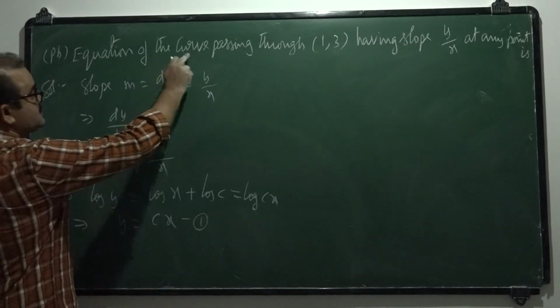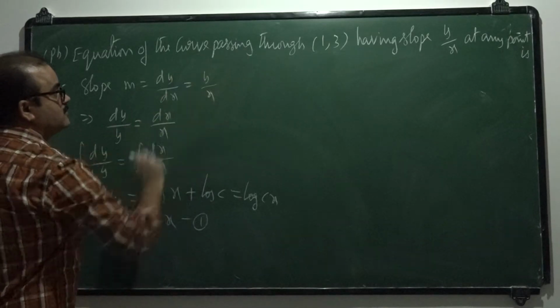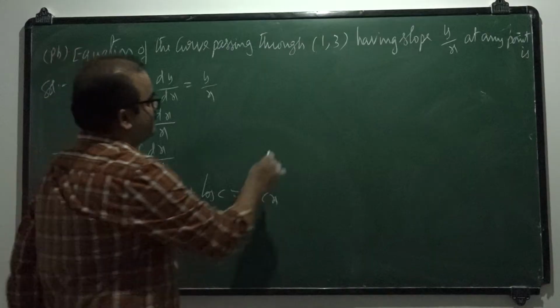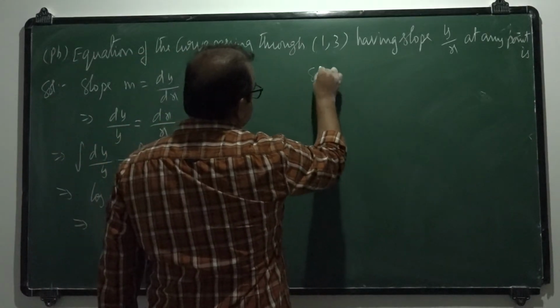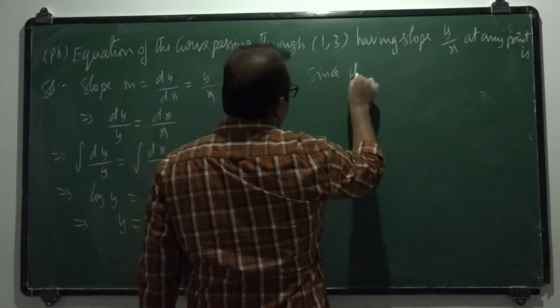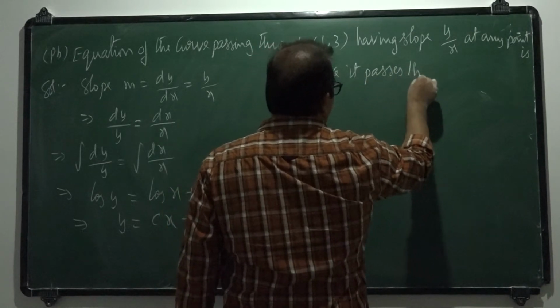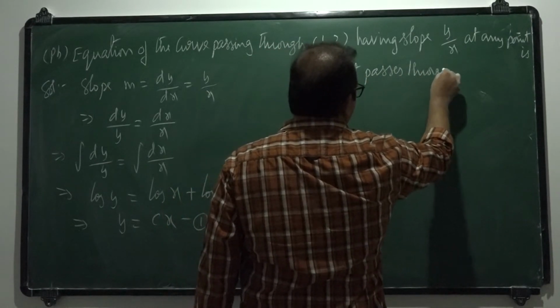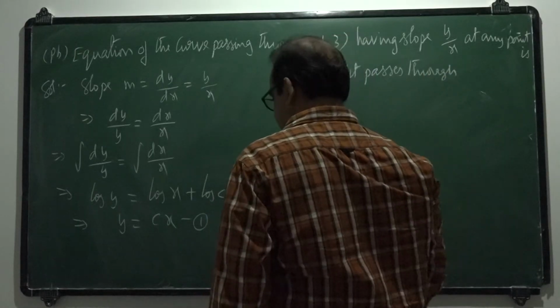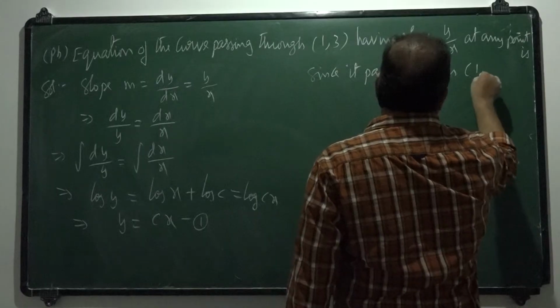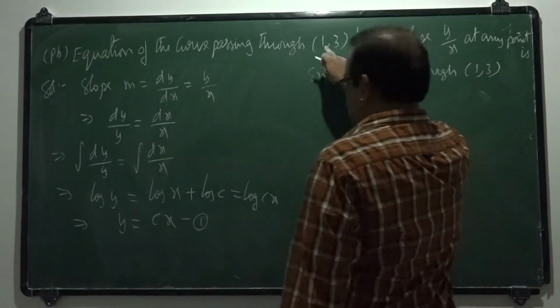But this curve passes through the point 1 comma 3.